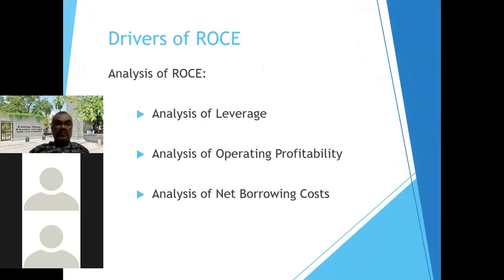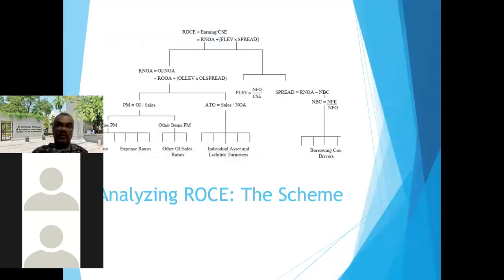So these are the things that really drive your profitability. Just go back to this return on net operating assets, then analysis of operating assets, financial leverage, and operating leverage. That can go into detail. That process is called the decomposition process.